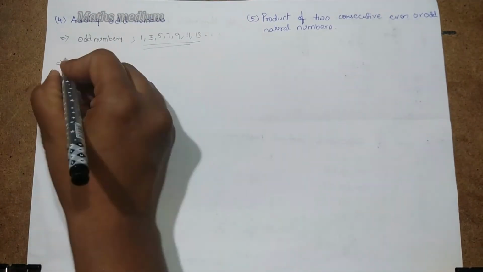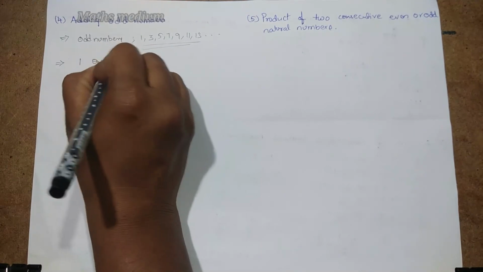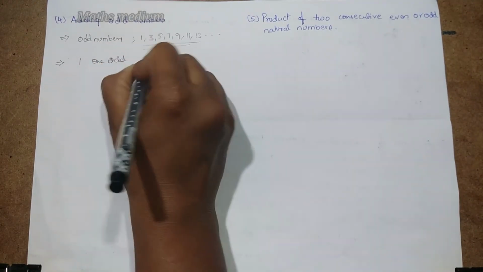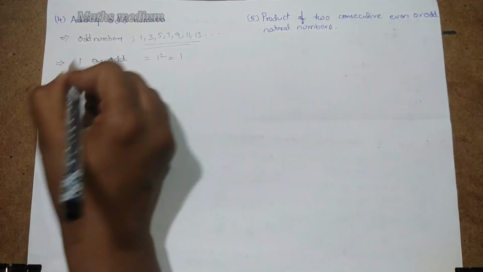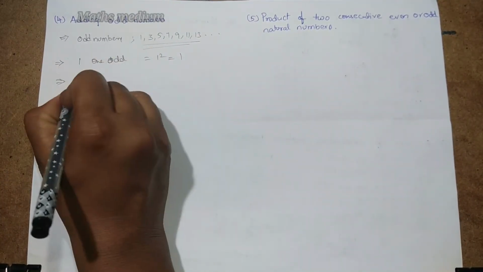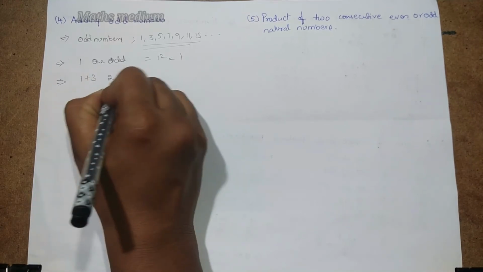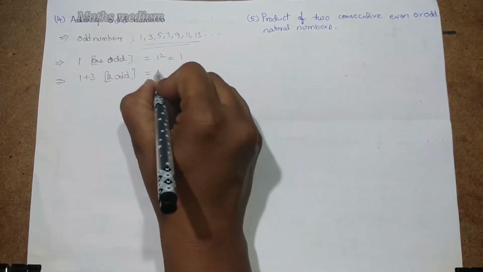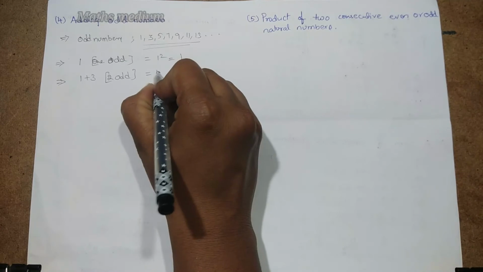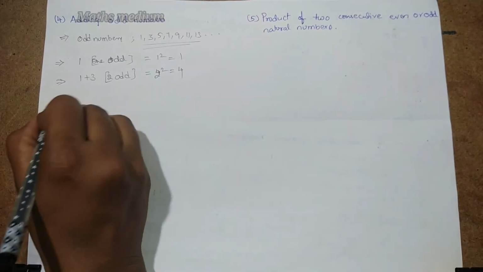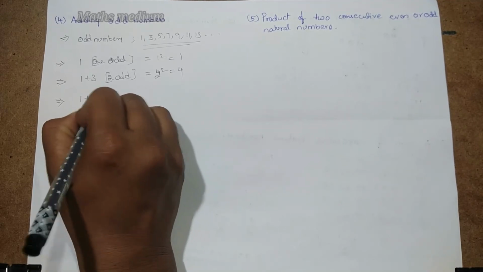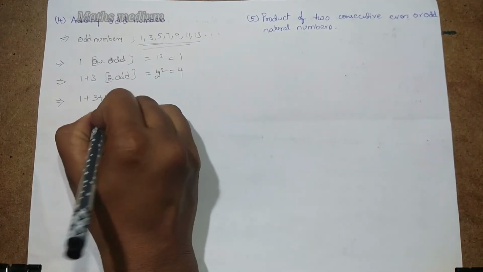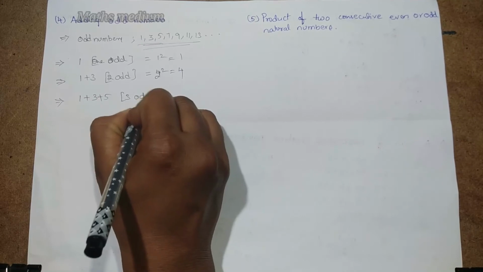How can it be? See, 1 odd number gives 1 square, that is 1. By adding two odd numbers, 1 plus 3, that is 2 odd numbers, we get 4, which is 2 square. If you take 1 plus 3 plus 5, that is 3 odd numbers, right?